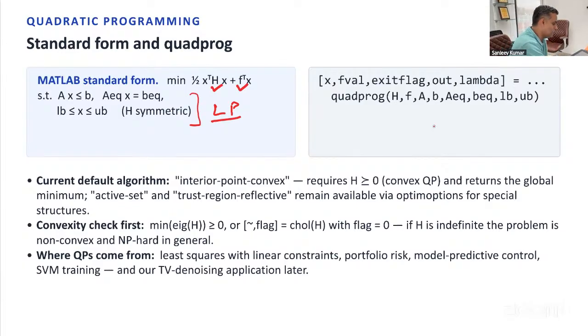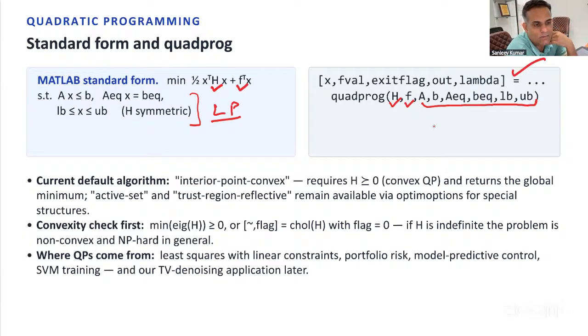And then you will use this command, quadprog, you will pass H, f, and these will be similar to LP, okay? Because it is coming from the set of constraints and bounds, okay? So in that way, you can solve a quadratic programming problem very easily using Matlab.